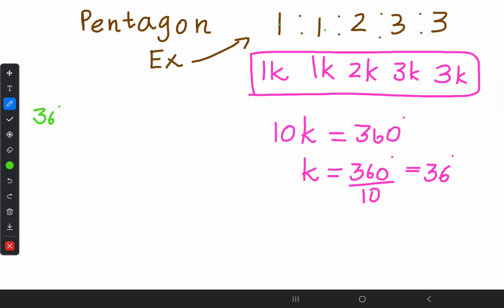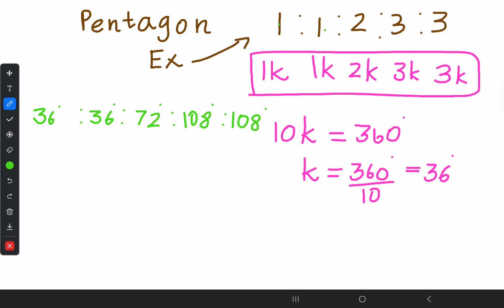The next angle also denotes 36 degrees. Thereafter, we have two portions: 2 times 36 would be 72 degrees. And 3 times 36 is 108 degrees. And the last angle is also 108 degrees.